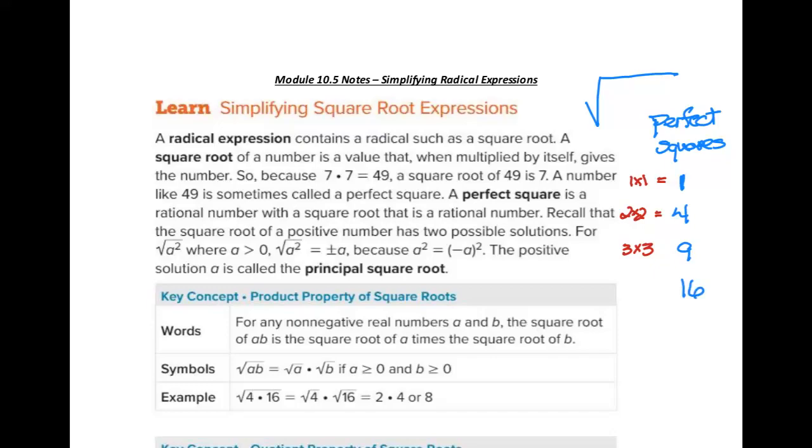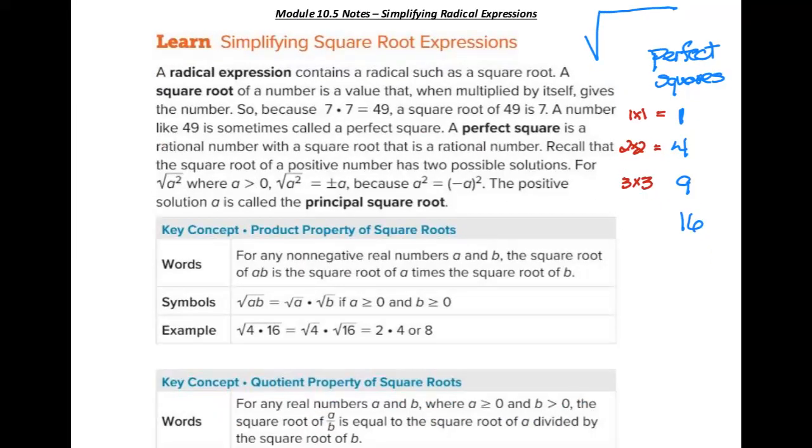16. And then we have, Esme? Do you know? 5 times 5, which is? Anyone? 25.